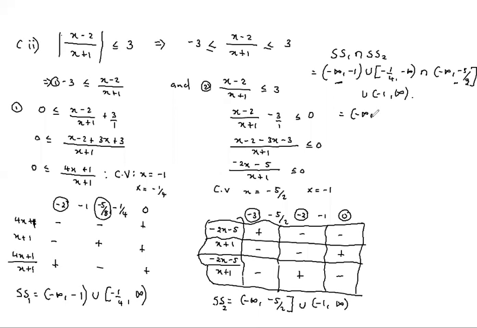Between negative infinity and negative infinity, you pick the largest. And between negative 1 and negative 5 over 2, you pick the smallest, so here we pick negative 5 over 2. It's included.